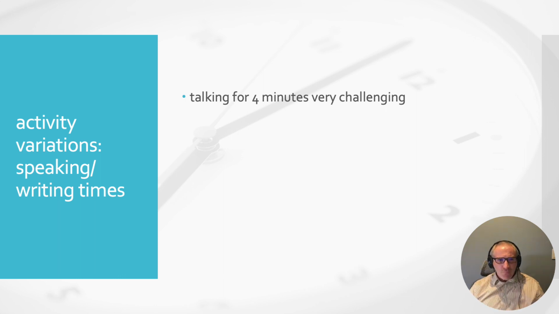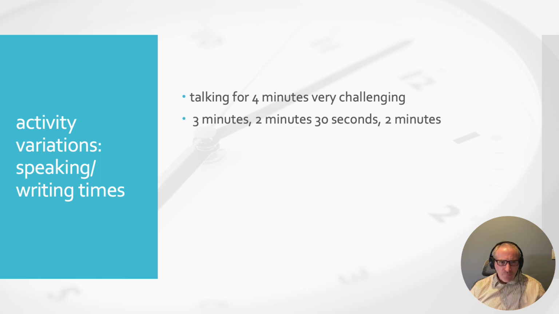For the 4-3-2 activity, 4 minutes is very challenging. So I tended to reduce the time. I went to 3 minutes on the first round, 2 minutes 30, and then 2 minutes. Just because my students were low intermediate level, I suppose, and not very confident speakers. So I think 4 minutes might be quite off-putting for them.